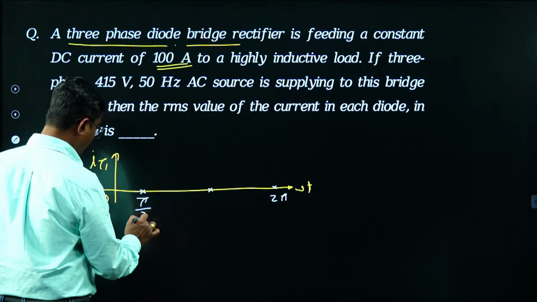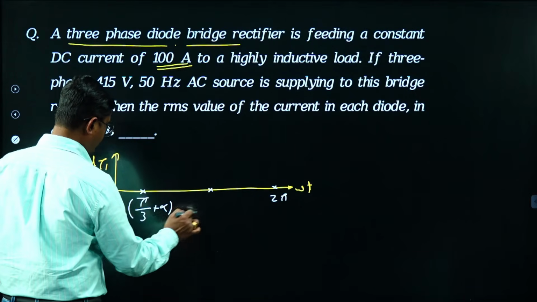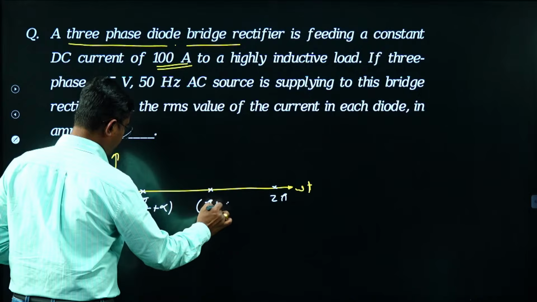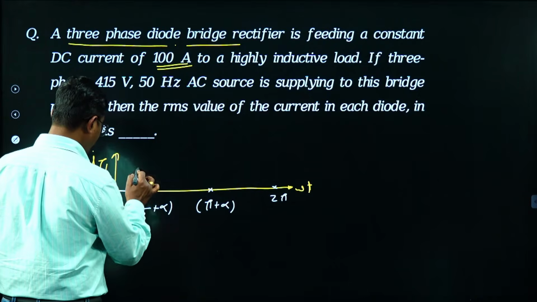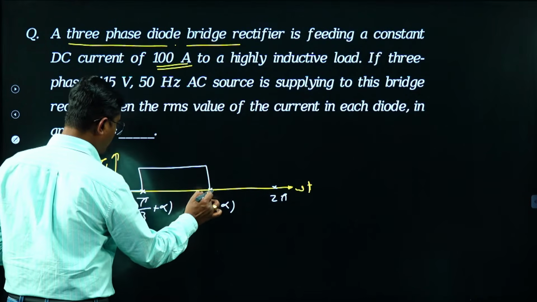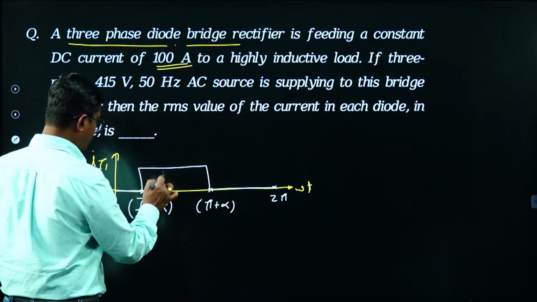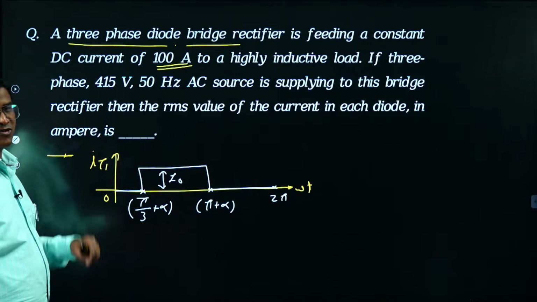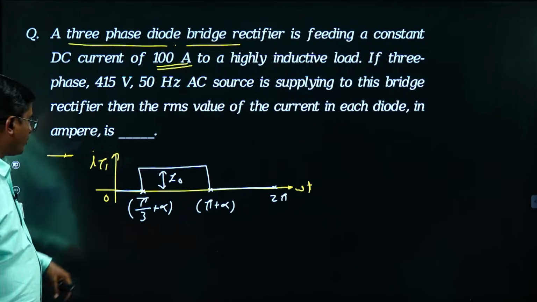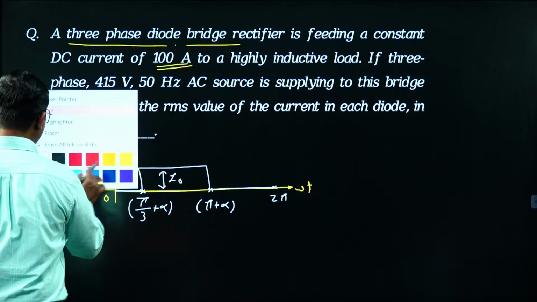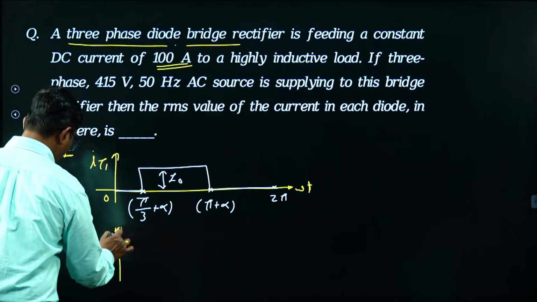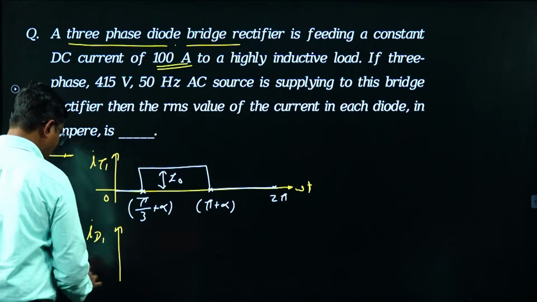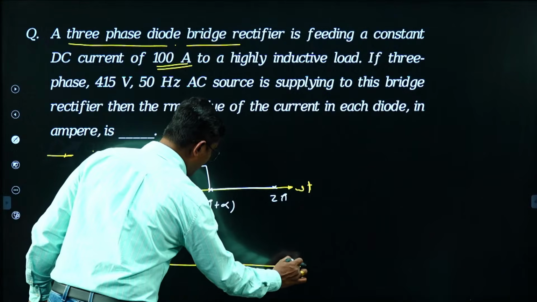Highly inductive load. During this interval, which current flows through thyristor T1? Load current, right? So this is my thyristor current waveform. Now if I want to draw the diode current waveform, what will be the change? Here they are talking about the diode rectifier.